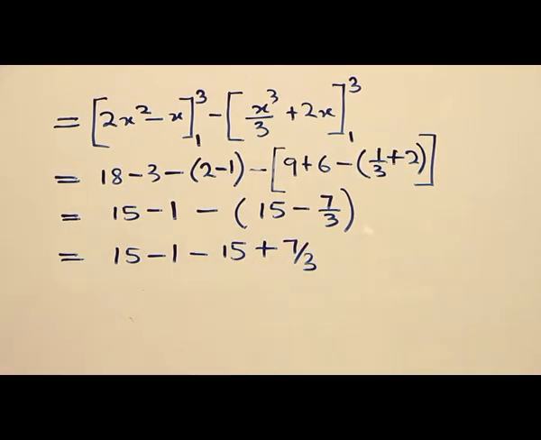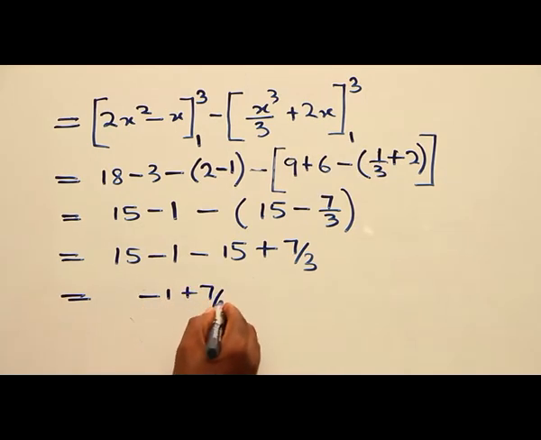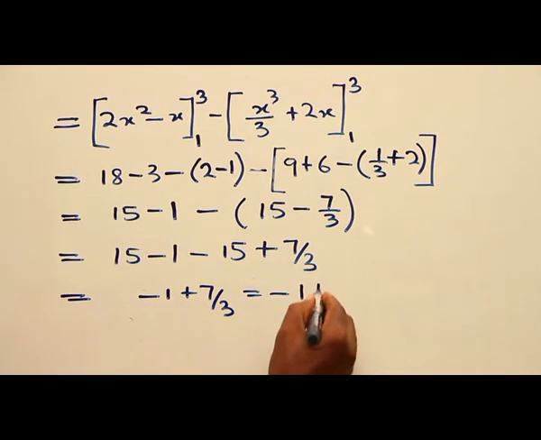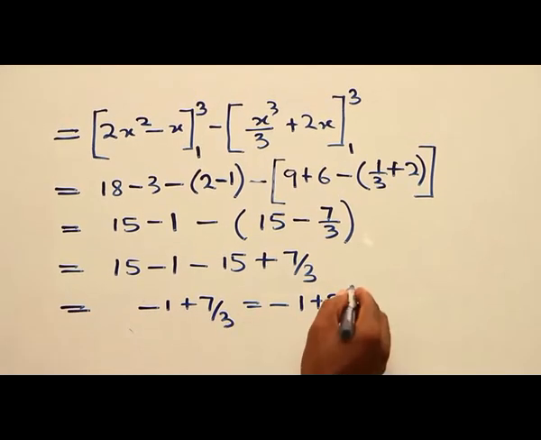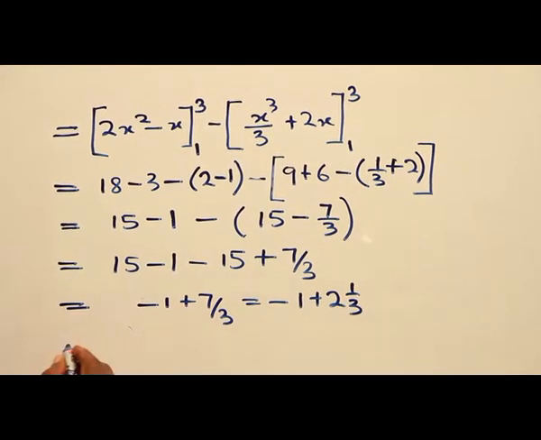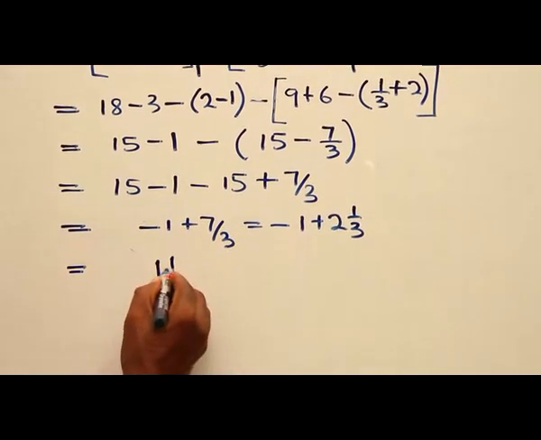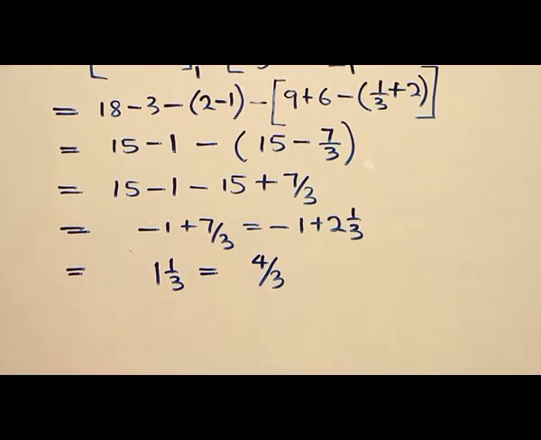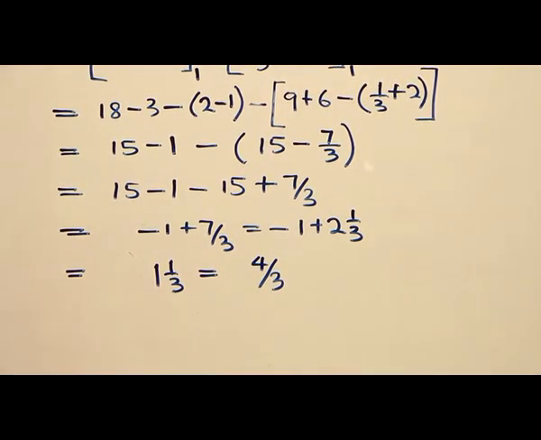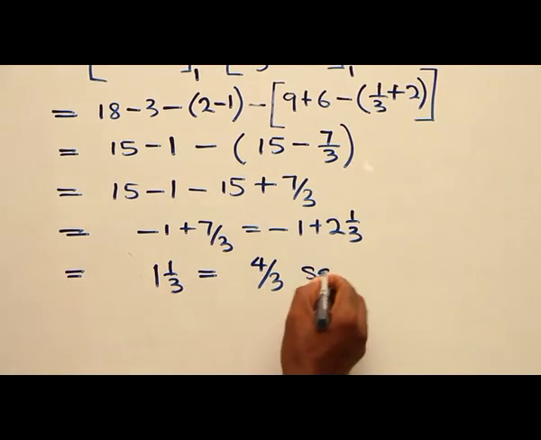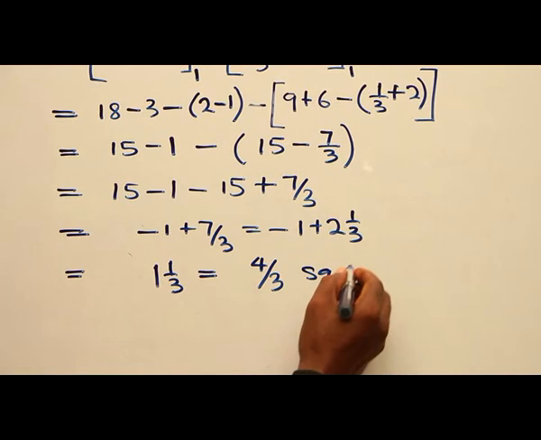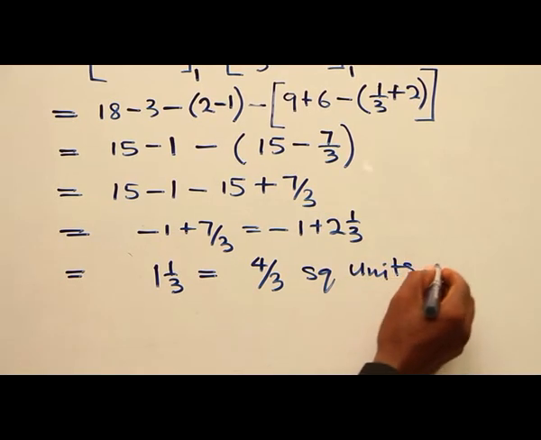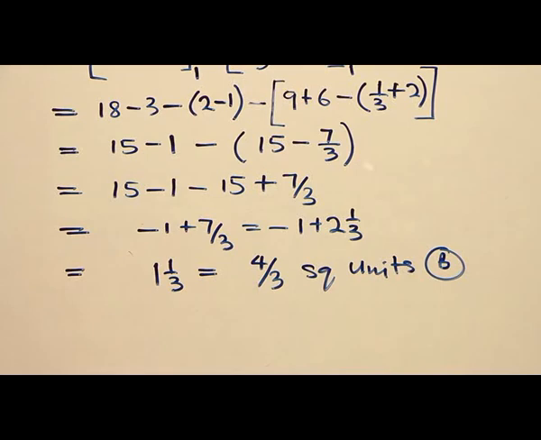Let's see what we have with this calculation. 15 minus 15 is gone. So we now have minus 1 plus 7 all over 3, which is minus 1 plus 2 and 1 over 3, and that will be equal to 1 and 1 over 3, which translates to 4 all over 3, to agree with the options given to us. This is equal to 4 over 3 square units. 4 over 3 square units, and option B is the correct answer to this problem.